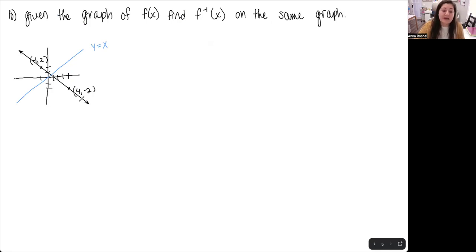So instead of 4, -2, I'm going to plot -2, 4. And instead of -1, 2, I'm going to plot 2, -1. So my first point will be -2, which is right here, and then 4, which is probably somewhere up here. And the second point will be 2, -1, which is here.